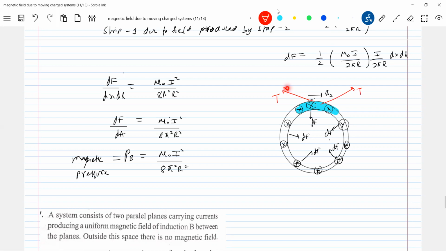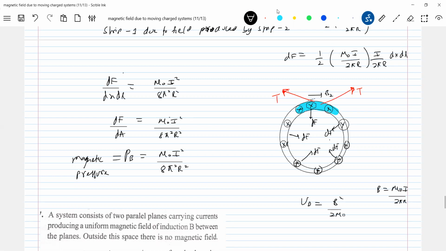So all application problems will come for you. There's a basic idea now. We must know what is the thing. So when you get a problem like this, you can write the formula, energy density B square by 2 mu naught. Calculate B square, you get the same answer. What is B equal to? Mu naught I by 2 pi r.